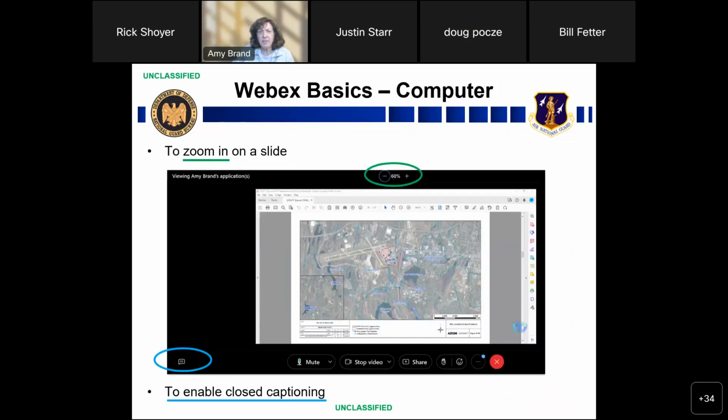A couple other things about WebEx: you can zoom in on the slides if you want to see them better. This is particularly useful for maps. Just above where you can see the slides, there's a plus and minus and a percentage, so you can zoom in on that. The reason we switched over to using WebEx tonight is that it offers closed captioning in English as well as a few other languages, including Spanish.